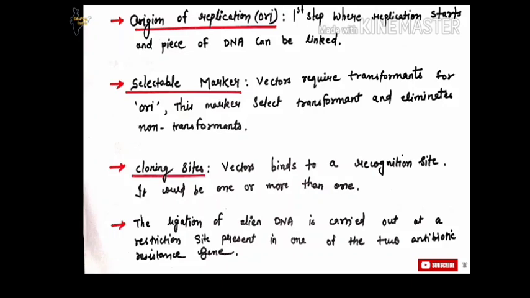Some plasmids also have the ability to make multiple copies. Some may have only one or two copies per cell, but others may have 15 to 100 copies per cell, and their number can even go higher.